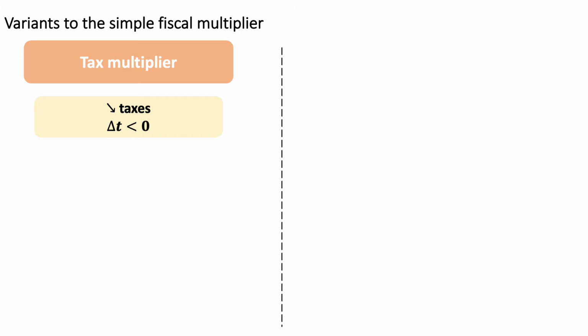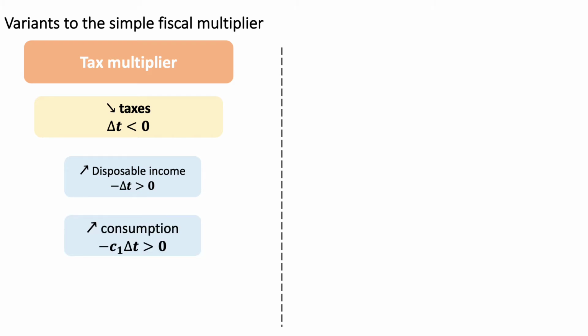This tax multiplier is not the same as the budget multiplier, because a decrease in taxes does not trigger directly an increase in demand. When taxes decrease, first, the disposable income of households will increase, which will then trigger an increase in consumption by an amount C1 times delta T.